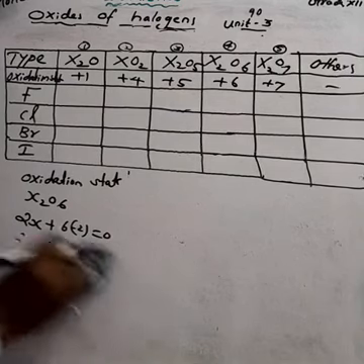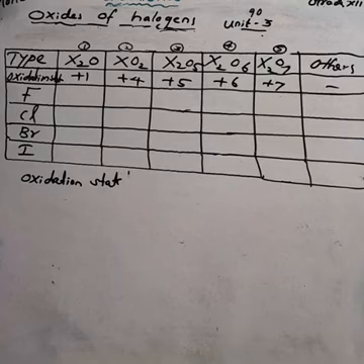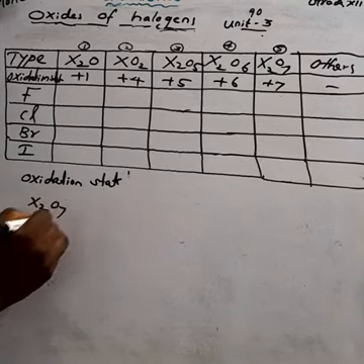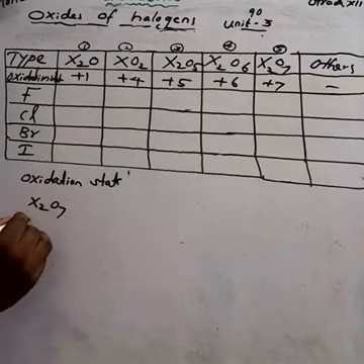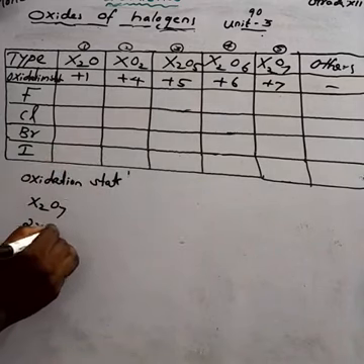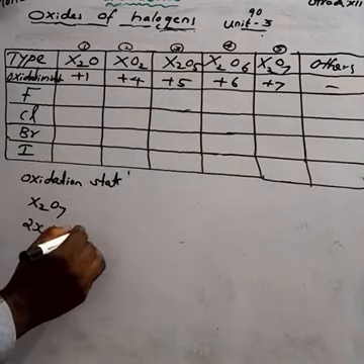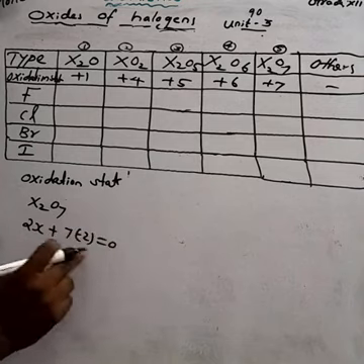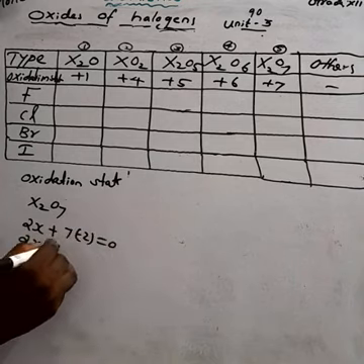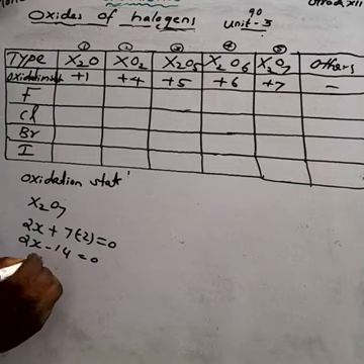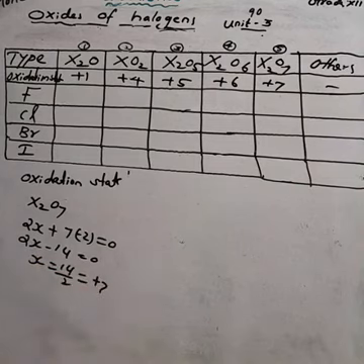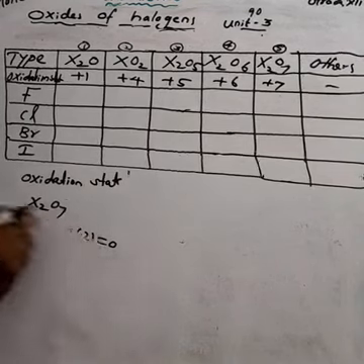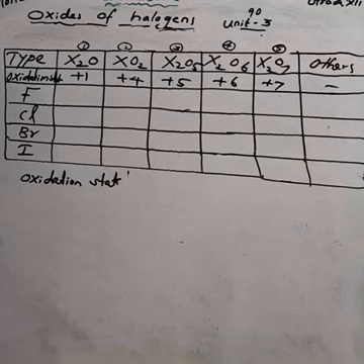Next the compound is X2O7. How can you find the X2O7 oxidation state? 2X plus 7 into minus 2 equal to 0. 2X minus 14 equal to 0. X is equal to 14 by 2. X is equal to plus 7 oxidation state. The others, let us discuss.